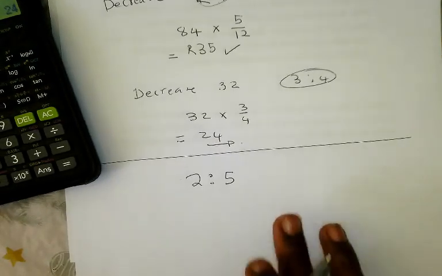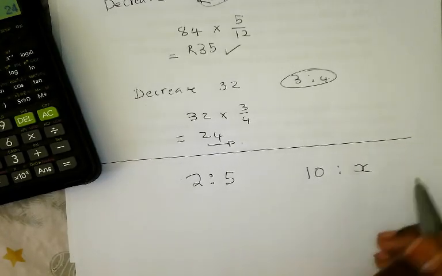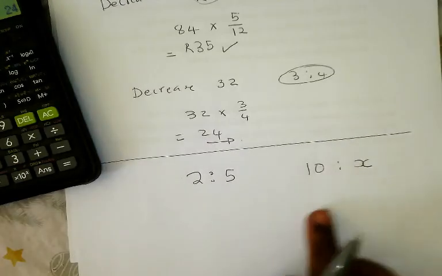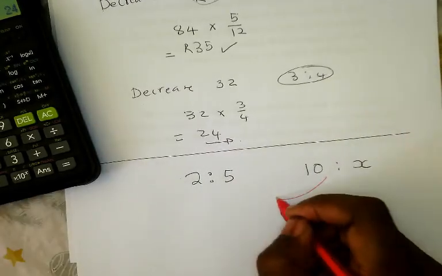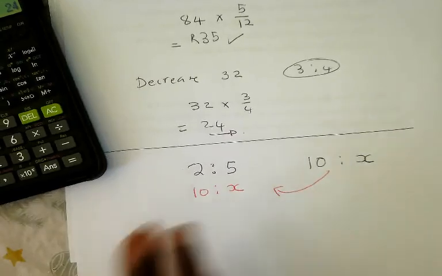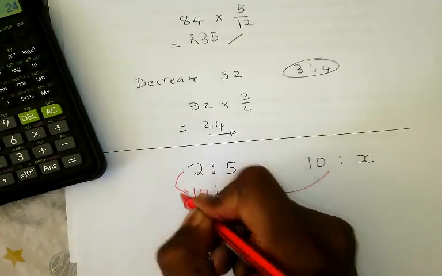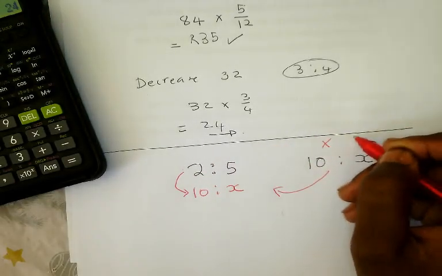So what do you do? You're going to take this one and then bring it underneath this one. It's going to be 10:x. And then you're going to look at what is given. From 2 to 5, we're either multiplying or dividing with ratios. So you're going to check. The number is getting bigger, so it means we are multiplying. We are multiplying by what?